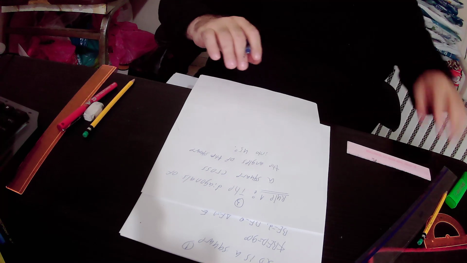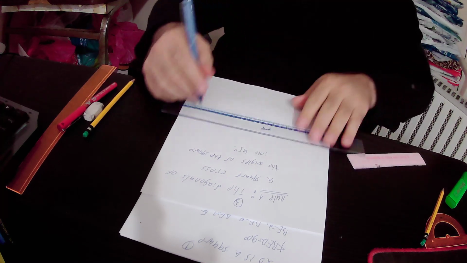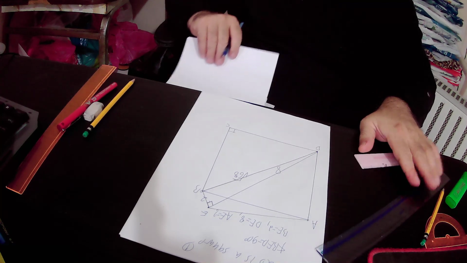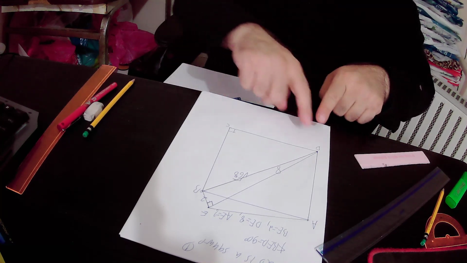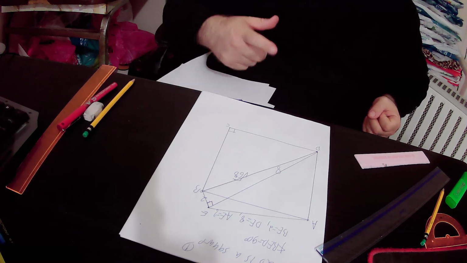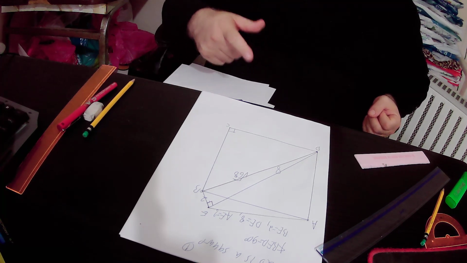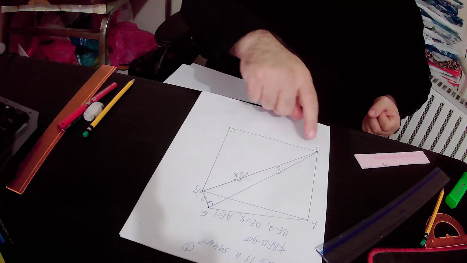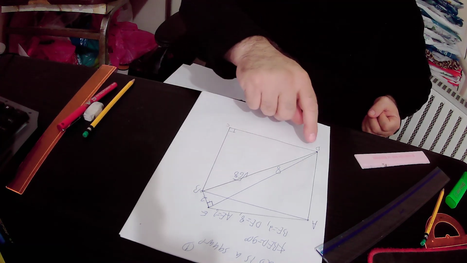So actually we have here diagonal DB. So according to rule number 1, the diagonal DB crosses those two angles into 45 degrees.